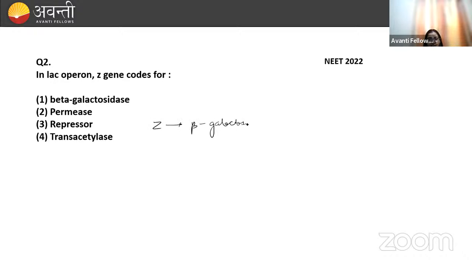Z codes for the beta-galactosidase enzyme, which will act on lactose and break the lactose into galactose and glucose. The second one, Y, codes for permease, and A codes for transacetylase.